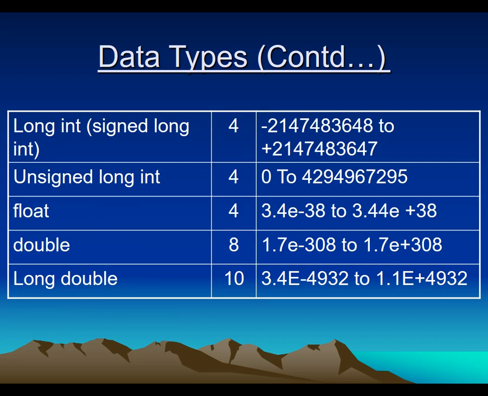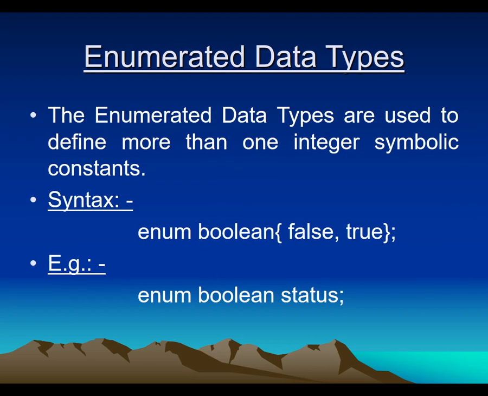Other types of extended data types are long integer, unsigned long integer, float, double and long double. There are even more advanced data types available in C, called the enumerated data type, which is generally used for declaring Boolean conditions, Boolean variables. Now what is the meaning of a Boolean variable? A Boolean variable means whenever there is a condition, and based on the condition the nature of the variable is decided, that is called an enumerated data type, or you can say the Boolean data type.